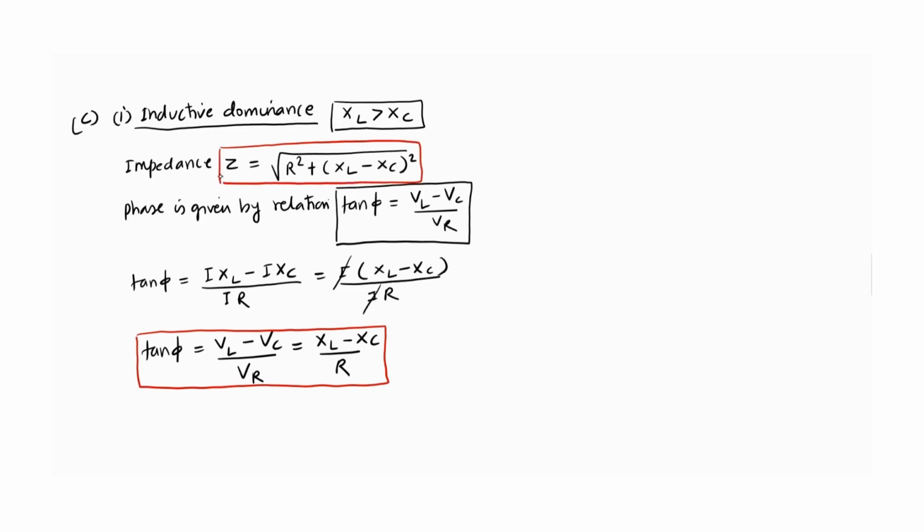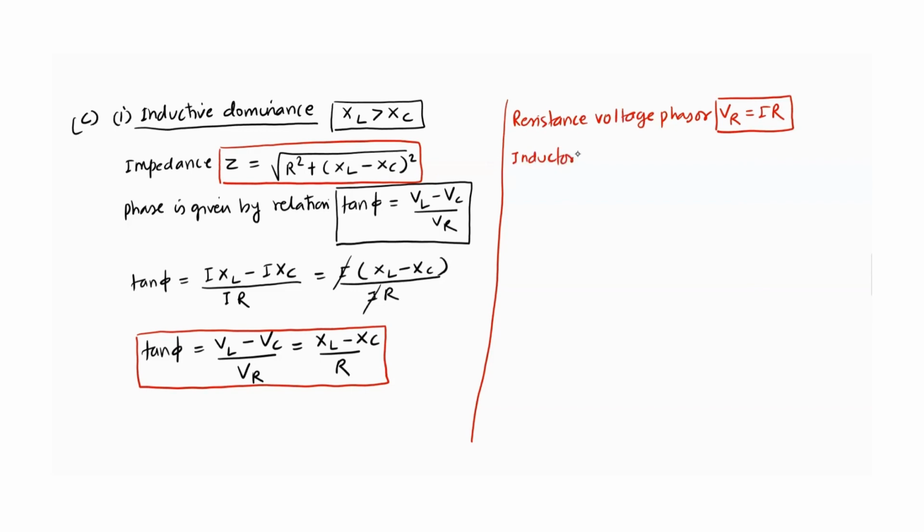Now, in case of phasor diagram, resistance voltage phasor, VR equals I times R. Inductor voltage phasor, this is VL equals I times XL.